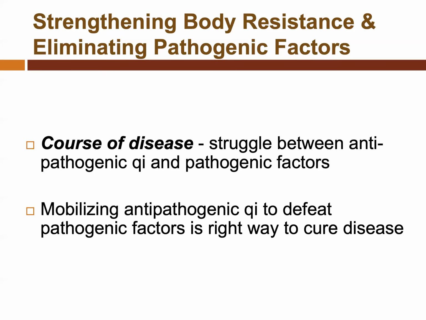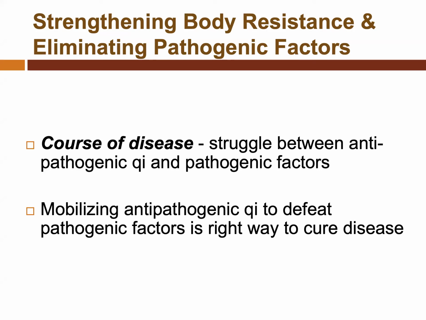Previously, we learned that there are 3 general principles, namely regulating yin and yang, strengthening the body resistance, and eliminating the pathogenic factors. And the third is distinguishing the primary from secondary. For today, we'll discuss more on strengthening body resistance and eliminating pathogenic factors.